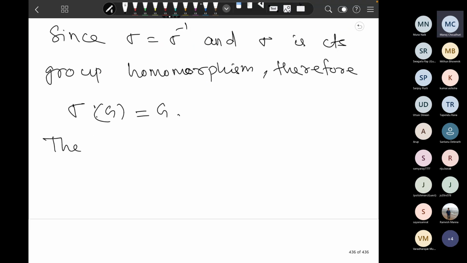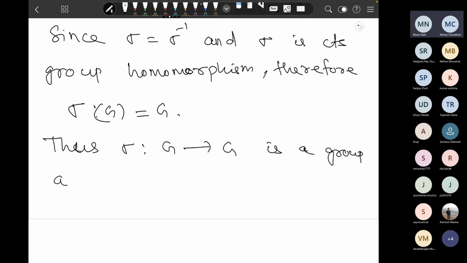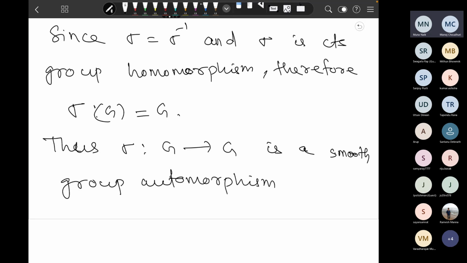Thus, sigma from G to G is a smooth group automorphism of G with sigma squared identity.